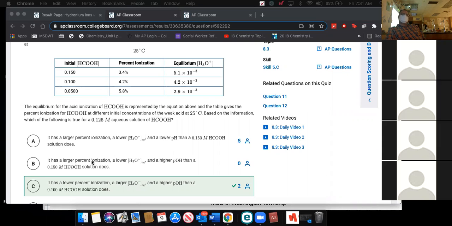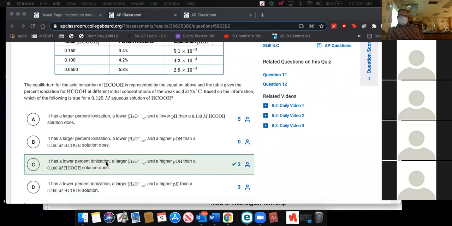It has a larger percent ionization and a lower hydronium ion concentration and a higher pOH. Nobody answered for that one. It has a lower percent ionization and a higher pOH than 0.1.